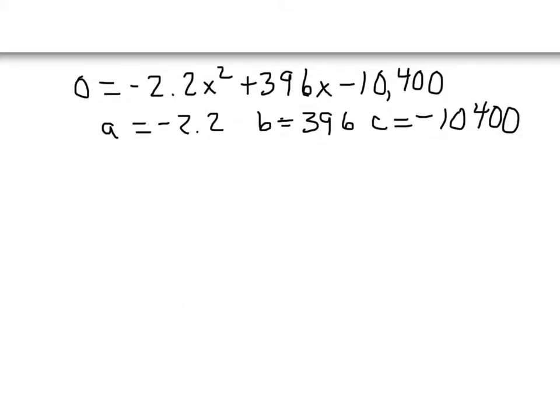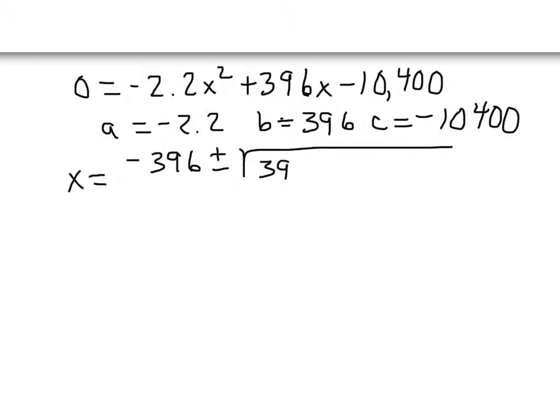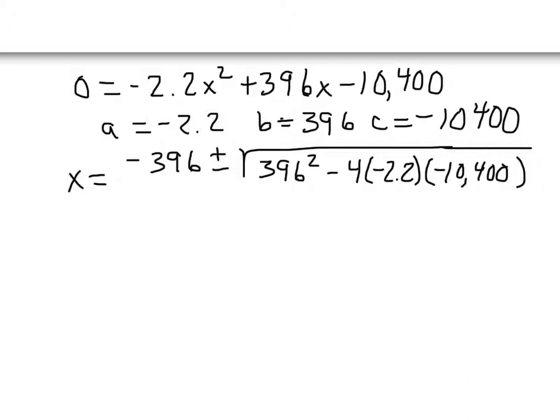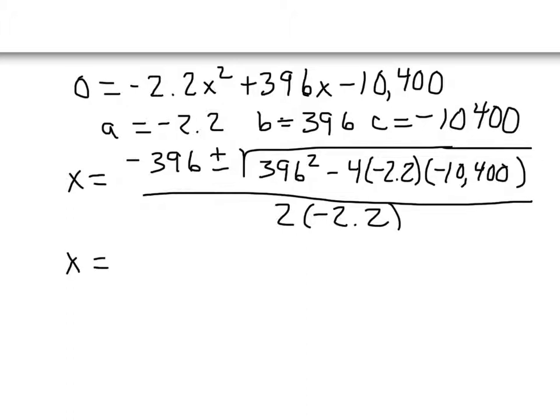So we have the quadratic formula. x equals negative b plus or minus the square root of b squared minus 4 times a times c, all over 2 times a. Let's use our calculators.